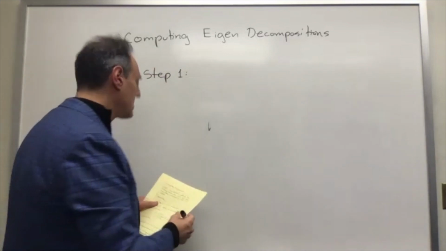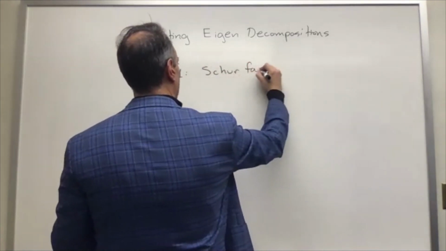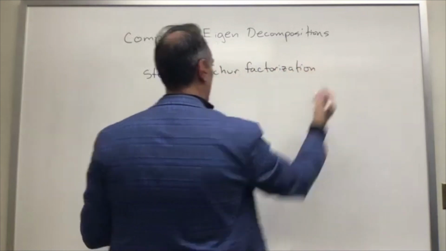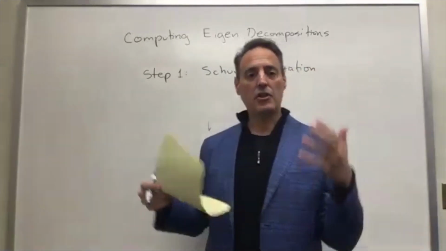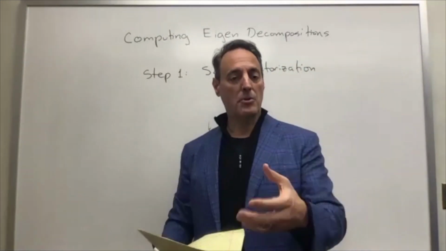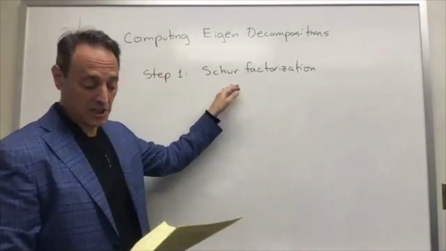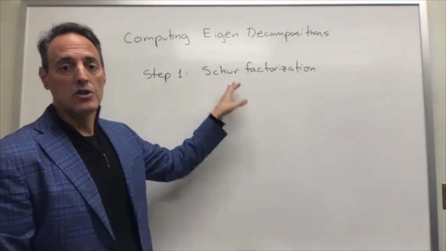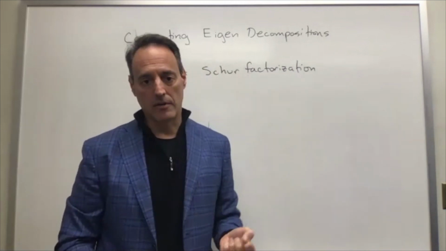In particular, what's typically done is what's called a Schur factorization. We'll talk about what that is in a minute. But basically this allows you to take the matrix you're given and find a better way to represent it. In fact, part of what we're going to do here is produce a similarity transformation to a matrix which is easier to compute the eigenvalues on.